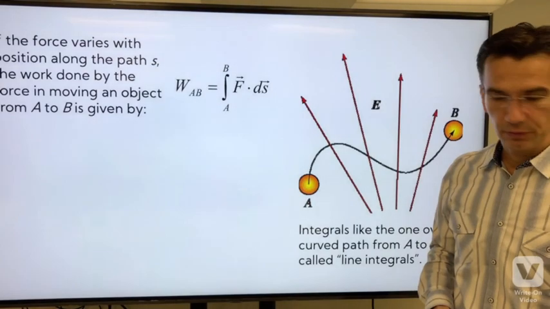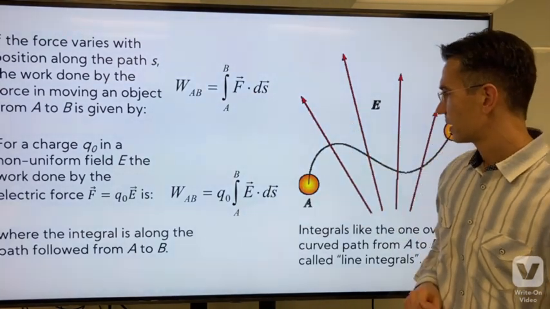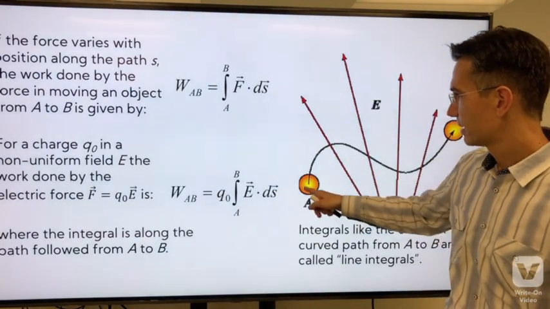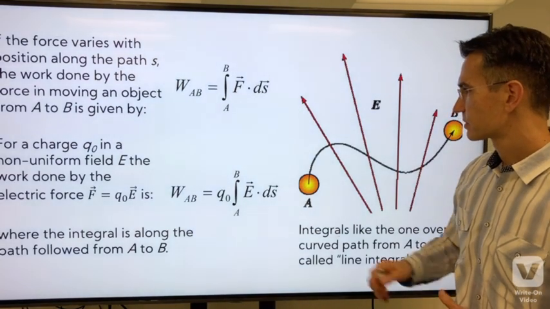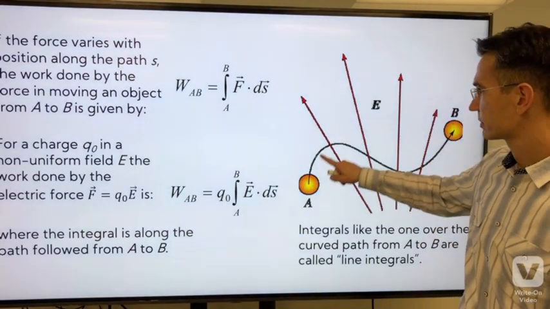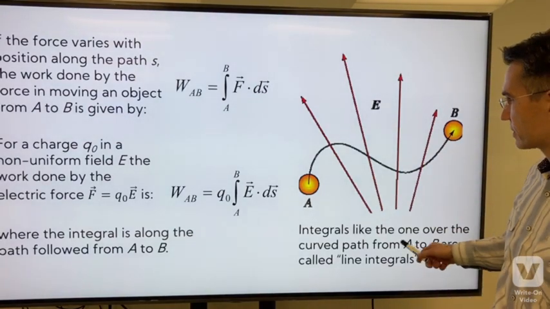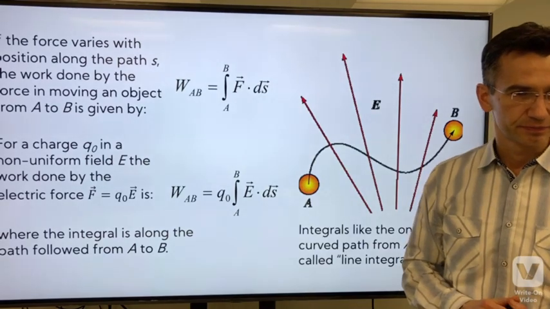Again, we're dealing with the electric field, so we can express F as Q naught times E, where Q naught is the size of the charge that we're moving. The integral that we're taking is along this path from A to B, and this kind of integral that has a general path we call a line integral.